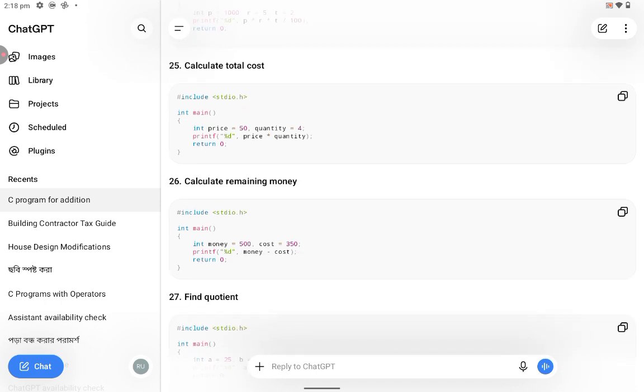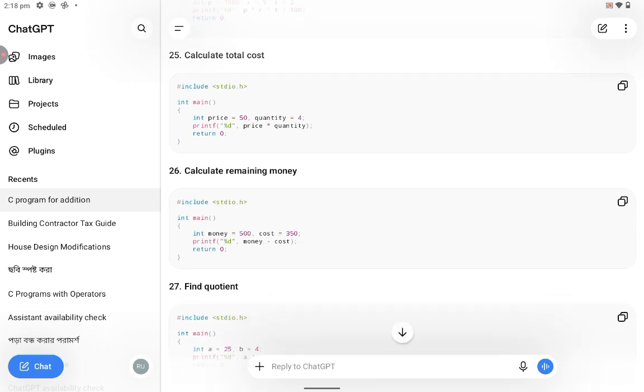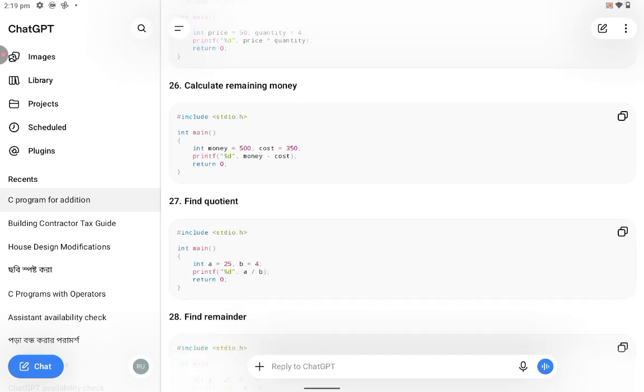So calculate total cost, like price of any particular item is 50, quantity is 4, then total cost of 4 quantity is like 4 into 50, because the price of that particular item is 50, and how many products you need of that particular item, you need 4. Here is a very interesting thing.